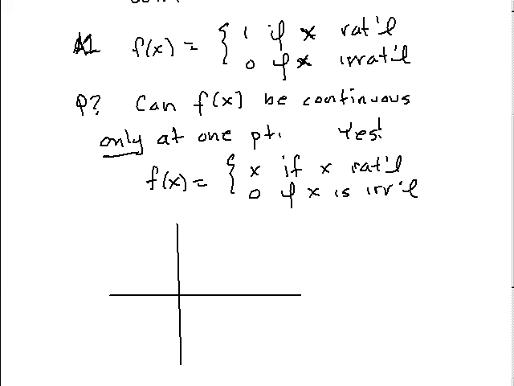This will be the blue line for irrationals, and it will be this blue line for the rationals, and they basically will meet here.